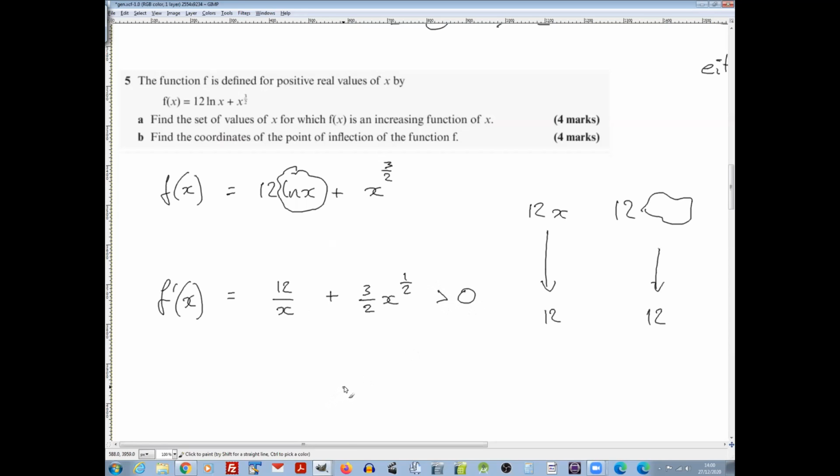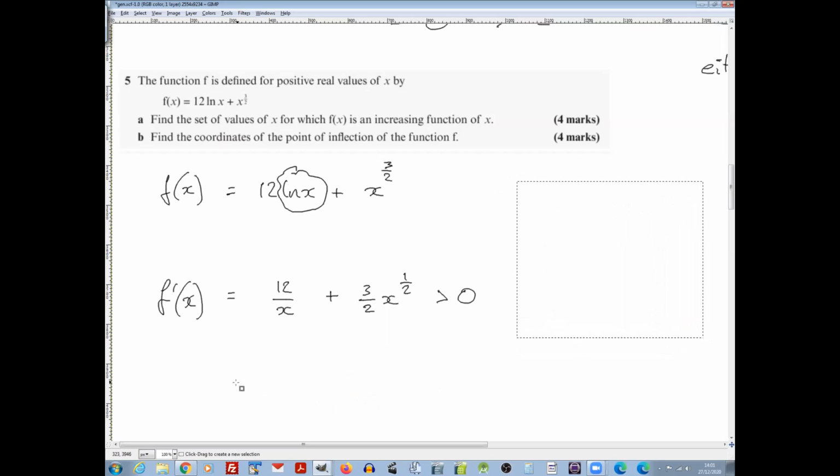Okay, so we could multiply through by something. What should we multiply through by?